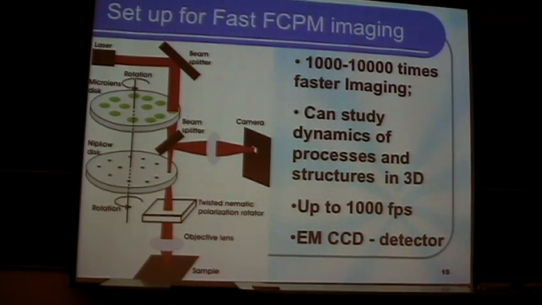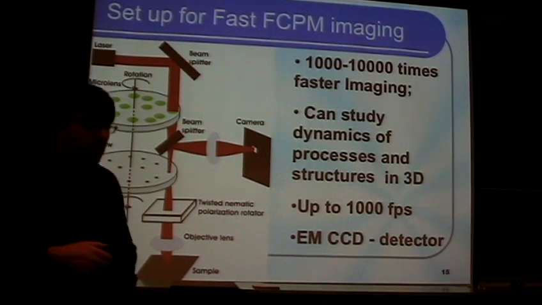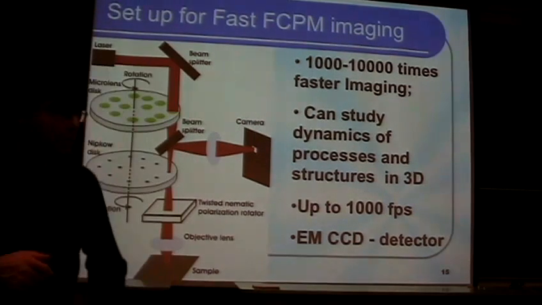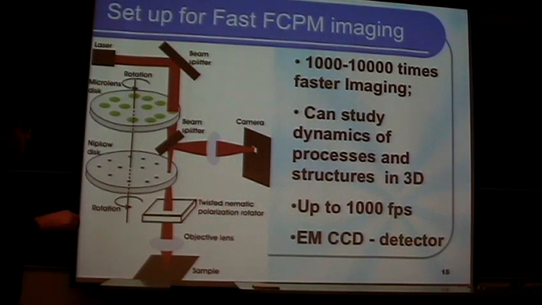However, recently new confocal imaging approaches have been developed, and one of the fast fluorescence confocal imaging approaches is depicted in here.